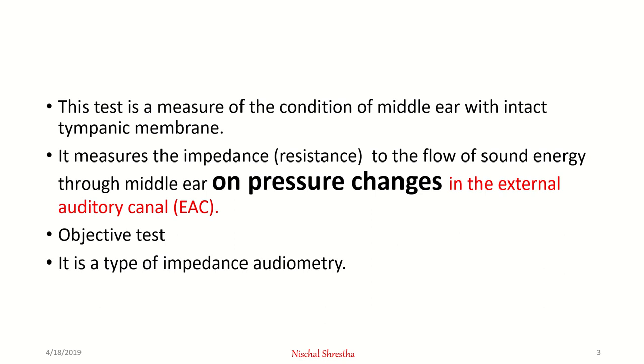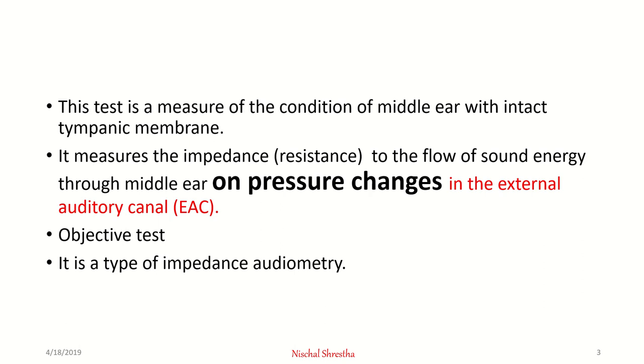So when the tympanic membrane is rigid, as in cases of tympanosclerosis, or when it is fixed, as in cases of ossicular chain fixation, like in otosclerosis, when the tympanic membrane becomes less mobile, then more of the sound gets reflected back into the EAC.